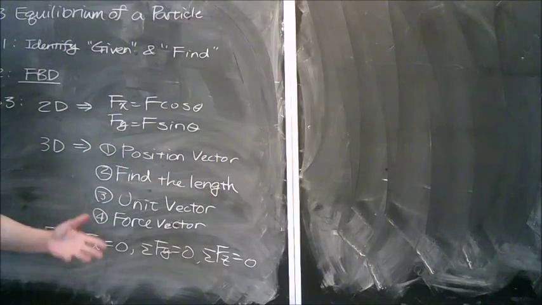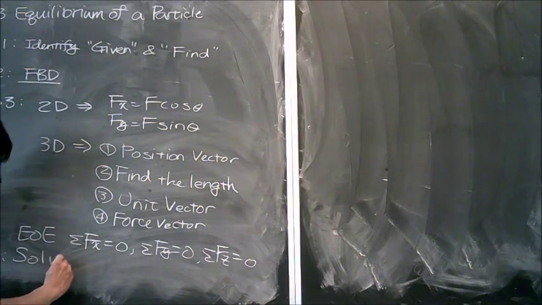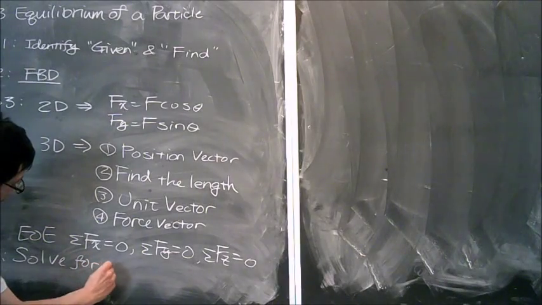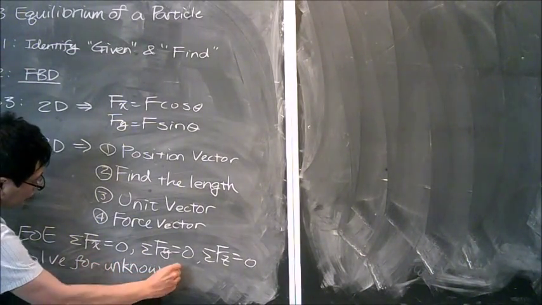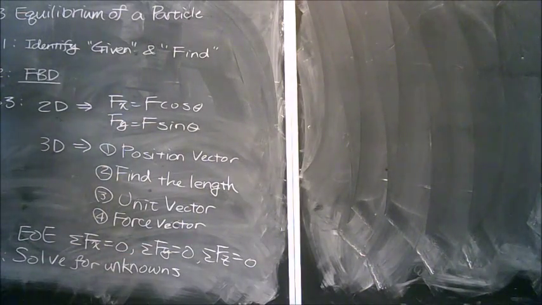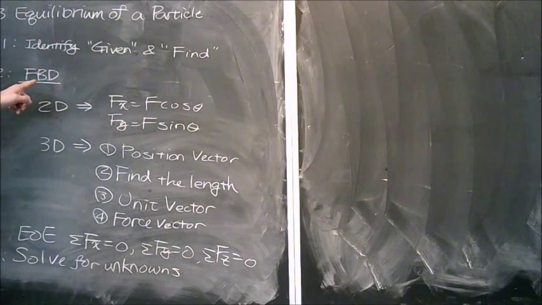Then, for sure, you're going to have some unknowns you need to solve. That's the next step: solve for the unknowns. So essentially, you only need to have 4 steps. Identify given and find. Draw the free body diagram.